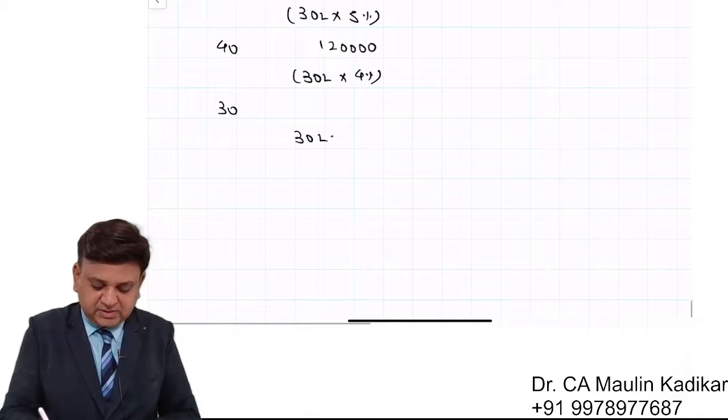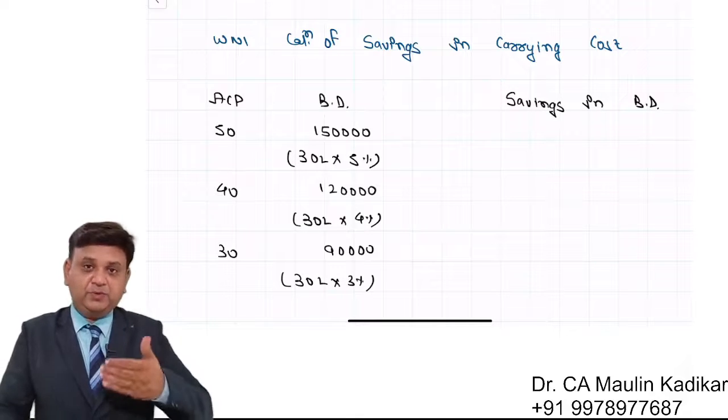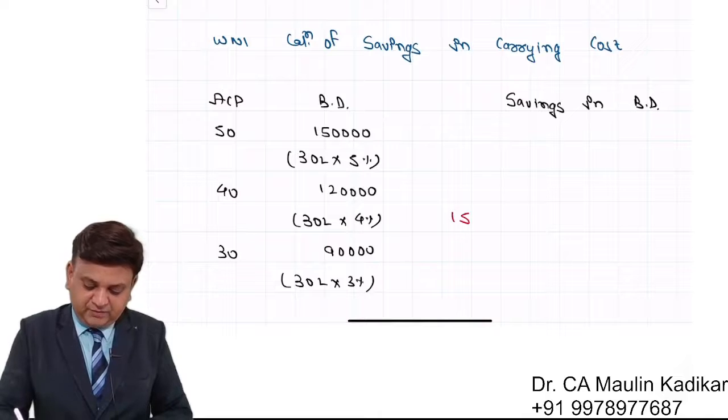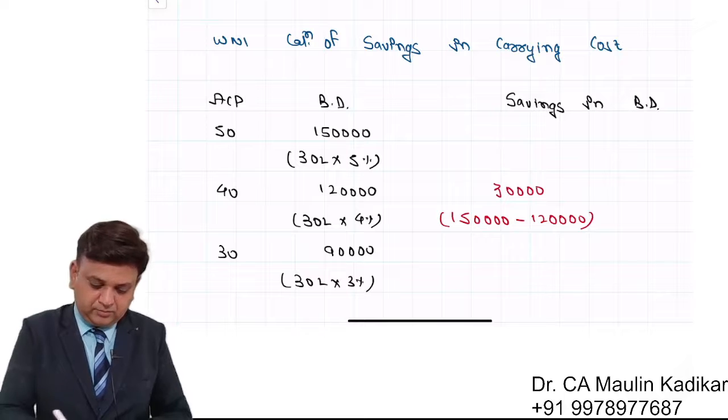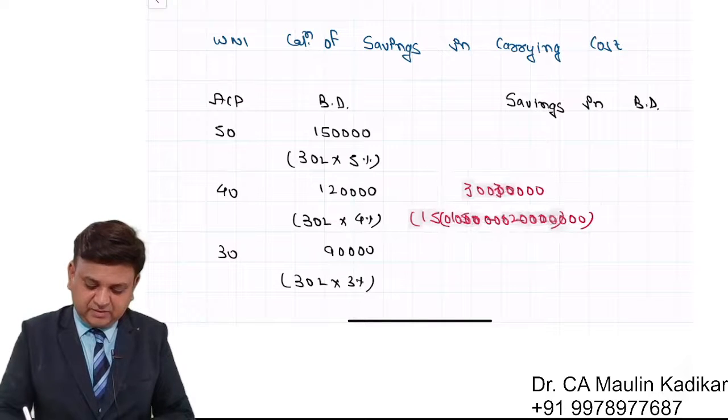In that case, it is 30 lakhs into 3%, that comes to 90,000. So what will happen with the proposed policy? Again, there is a savings. From 1,50,000, it reduces to 1,20,000. So it reduces by 30,000. That is the way the savings in bad debts can be calculated.